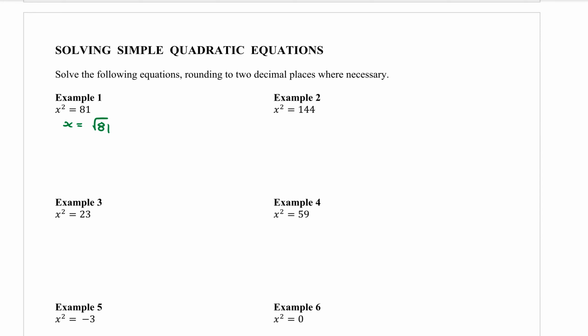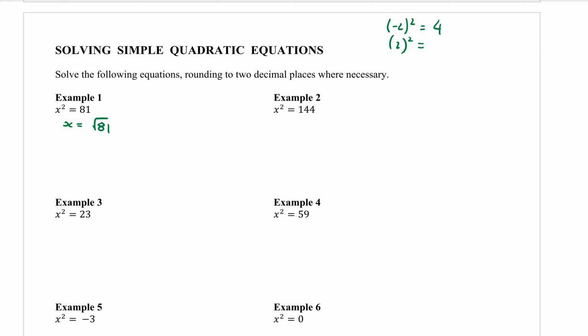When I have something like this, if I have negative 2 squared, what do I get? If I square a negative number, what do you get? Negative 2 times negative 2 is a positive 4. Or if I had a positive 2 squared, what would that be?